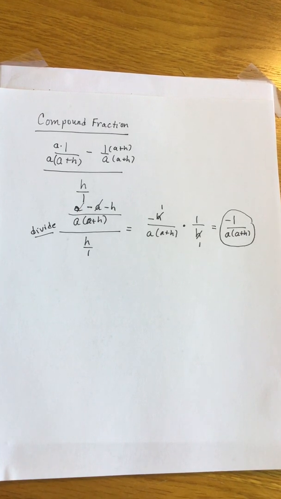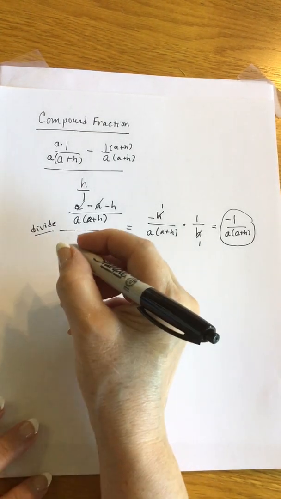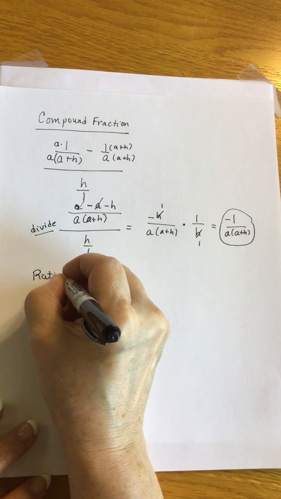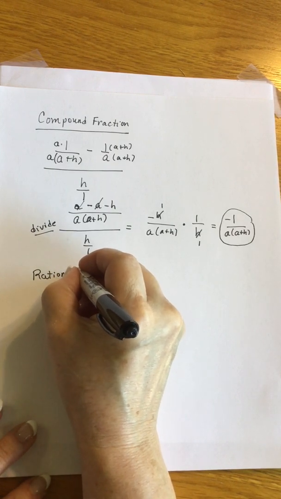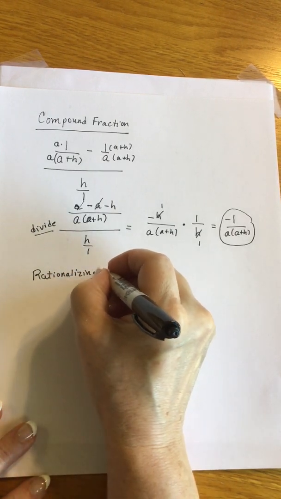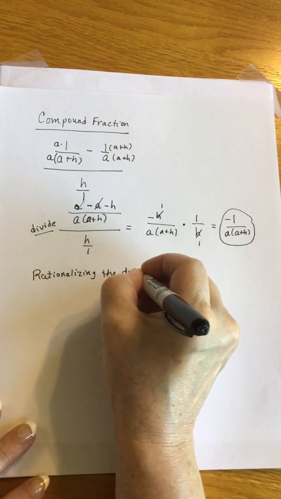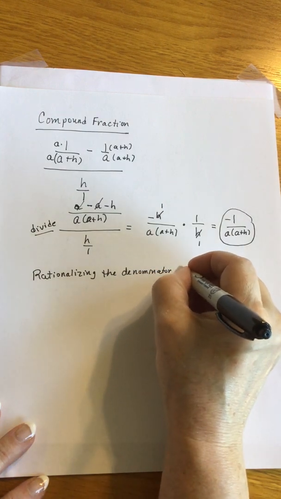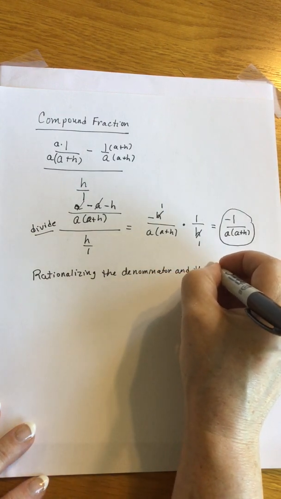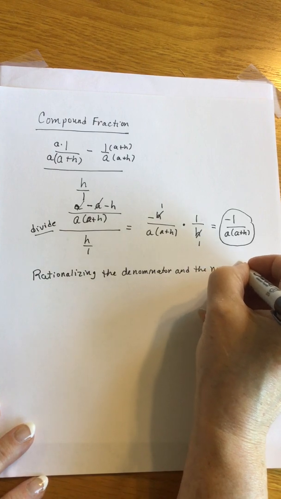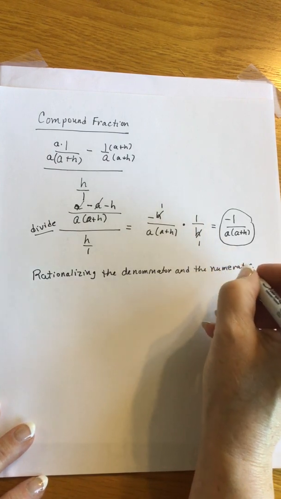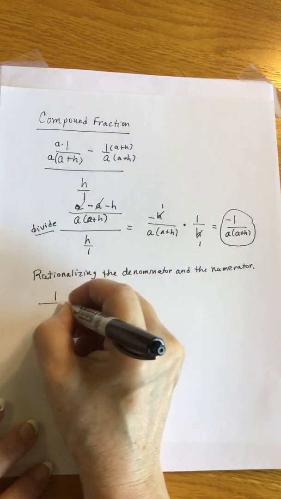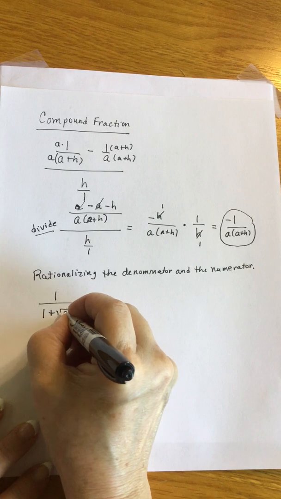Okay, the next thing we're going to look at is rationalizing the denominator and the numerator. Now the one that we've seen the most is rationalizing the denominators, so I start with 1 over 1 plus square root of 2.